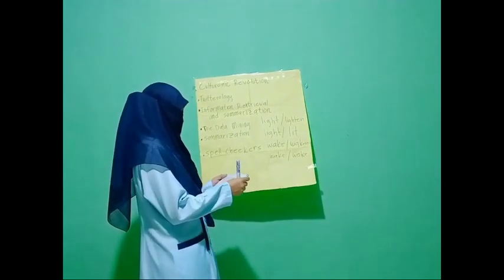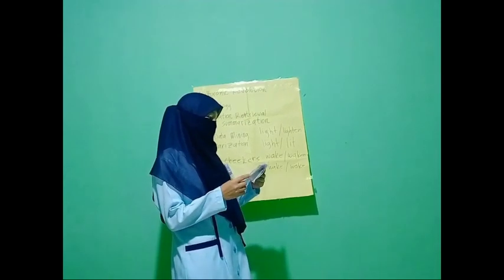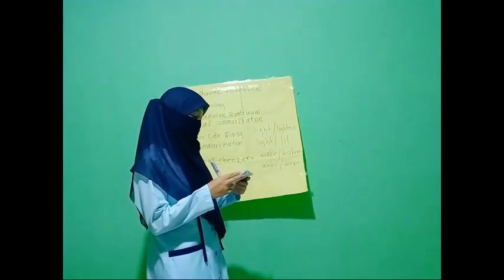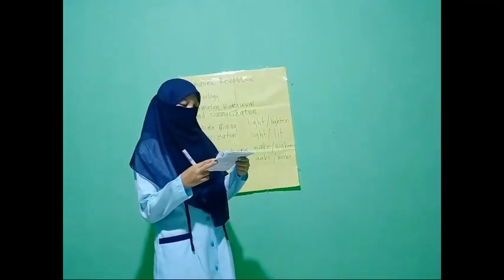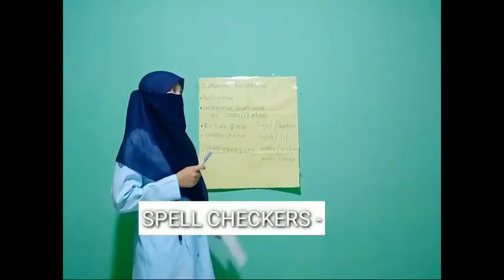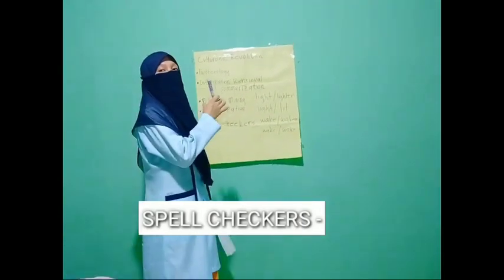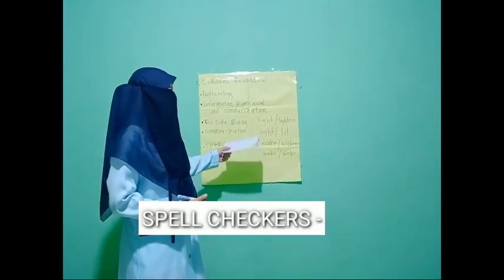Last is spell checkers. Spell checkers, and perhaps in the future pronunciation checkers, are applications of computational linguistics. The spell checker application checks the wrong spelling in the computer.